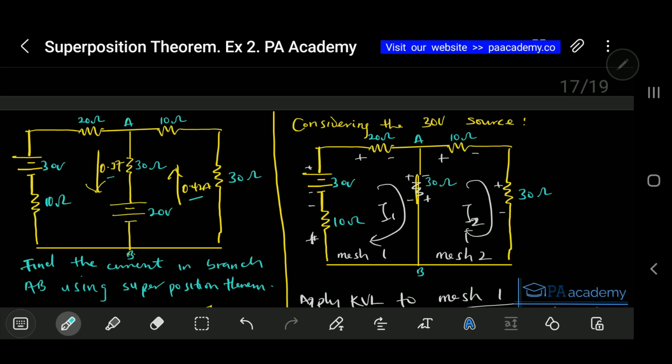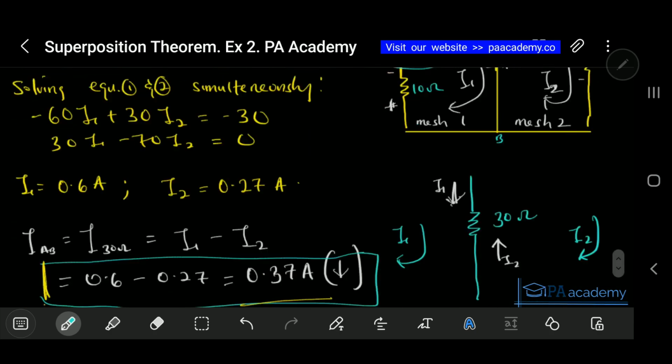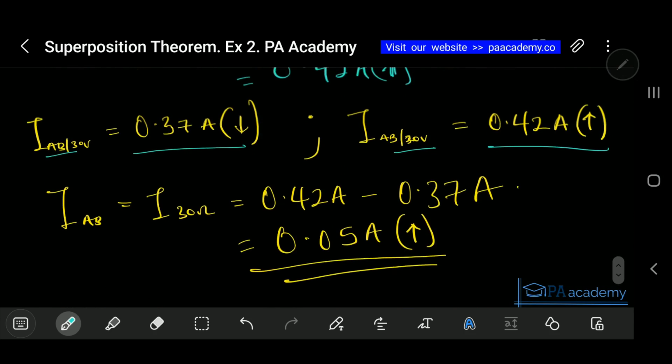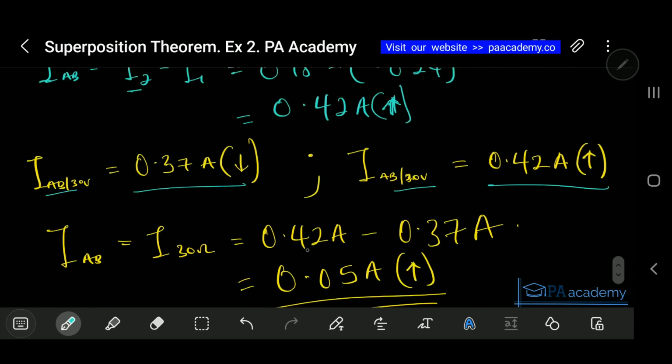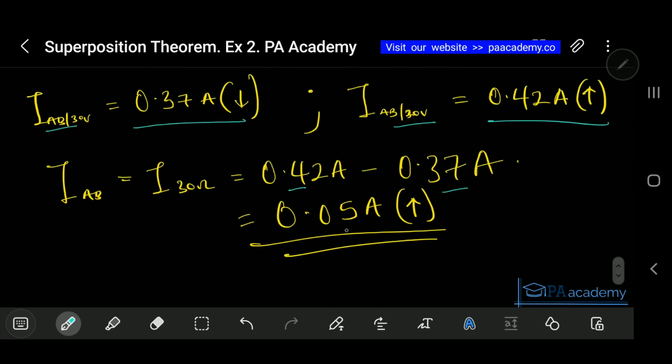So that will be 0.42 amperes minus 0.37 amperes. With that, we'll have 0.05 amperes. Also indicate the direction: that means in the upward direction. So this will be the current flowing through that branch AB.